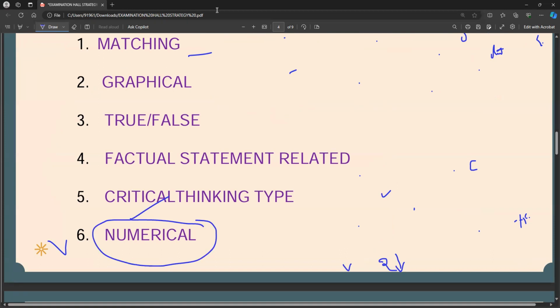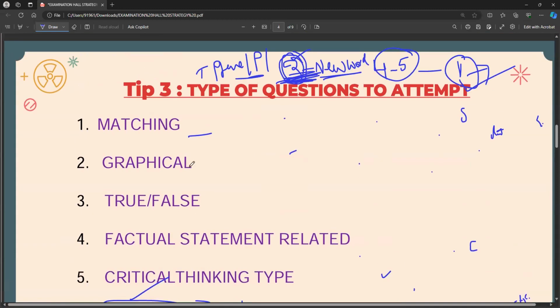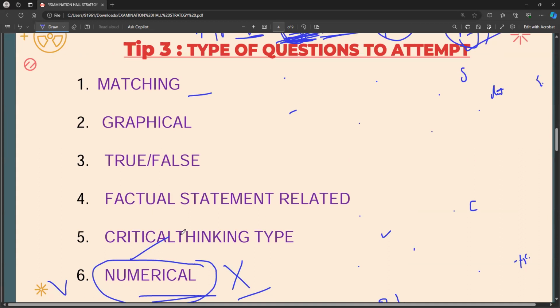If you are very confident that you can't answer the numerical question, and even if you answer, you make a mistake, I encourage you to just leave it. Why lose the marks when you know you will make a mistake? It is not the time to take a risk unless your preparation is not up to the mark. But if your preparation is good, then you have to choose the questions very accurately.